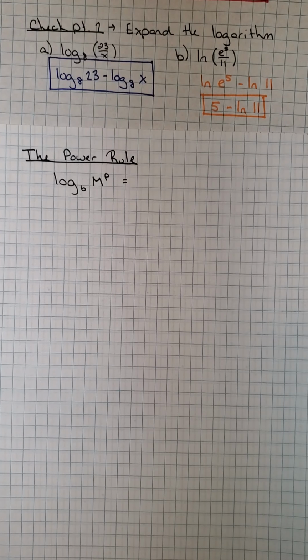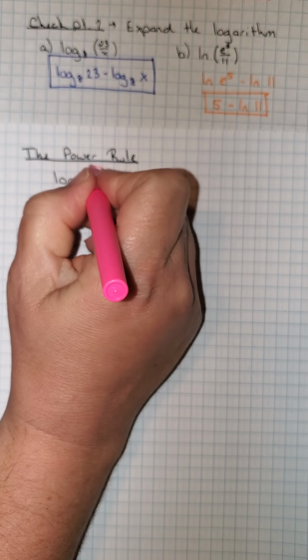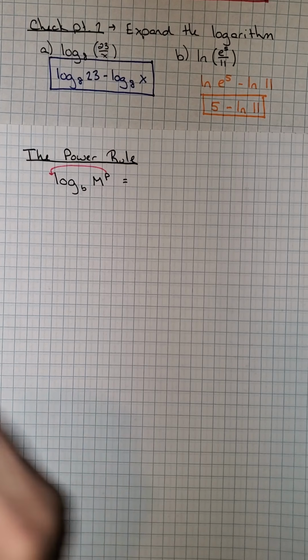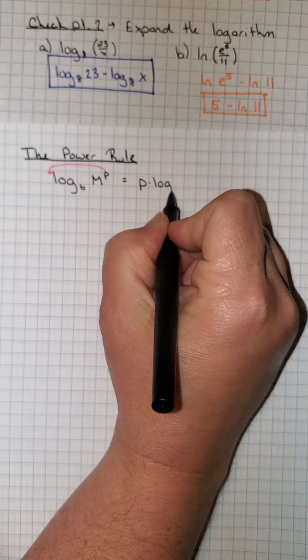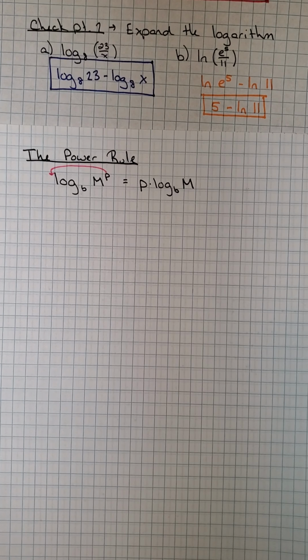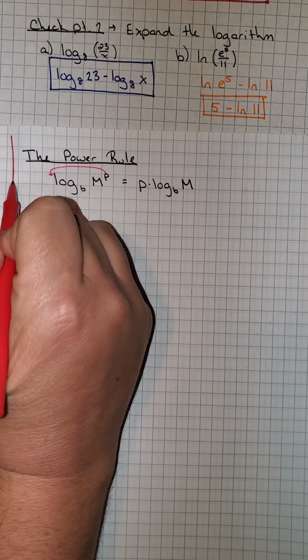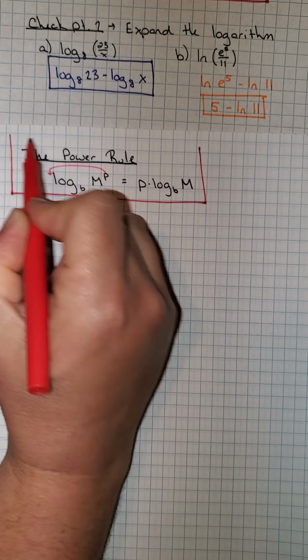Since a log is an exponent and a power to a power you multiply, same thing's going to happen here. You can bring that p down in front. So it'd be p times log base b of m. I'm careful not to make it look like plog. So that's your power rule.